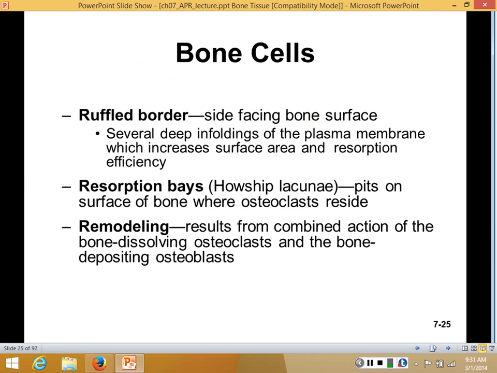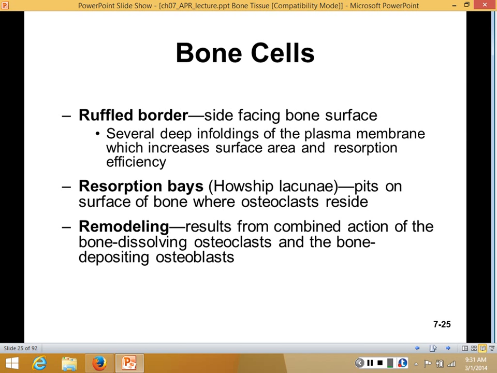Like I say, these are some other functions right here. Resorption efficiency. We're going to talk about bone resorption a little bit later. Osteoclasts live in your resorption bays. Remodeling results from combined action of your bone dissolving osteoclast and your bone depositing osteoblast.